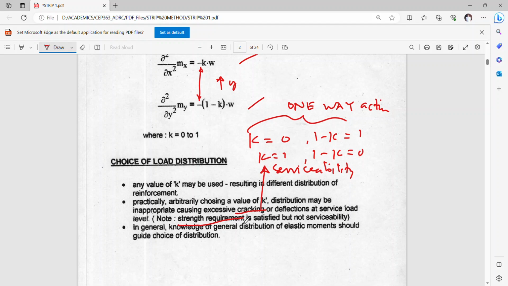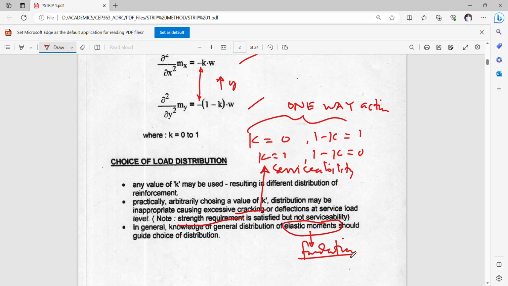So in general, the knowledge of the general distribution of elastic moment should guide the choice of the distribution. So the basis of our nonlinear response and inelastic or plastic approach in terms of analysis and design will still be founded on our knowledge of elastic principles.